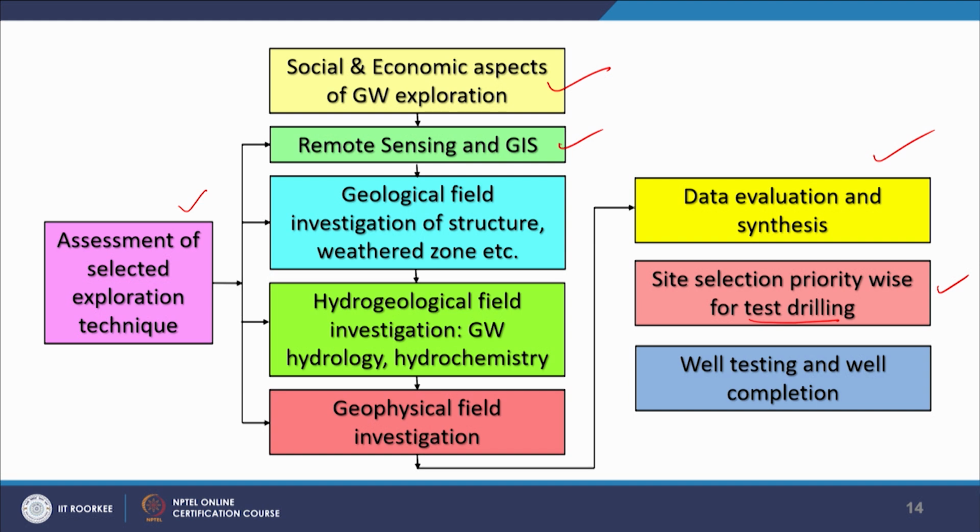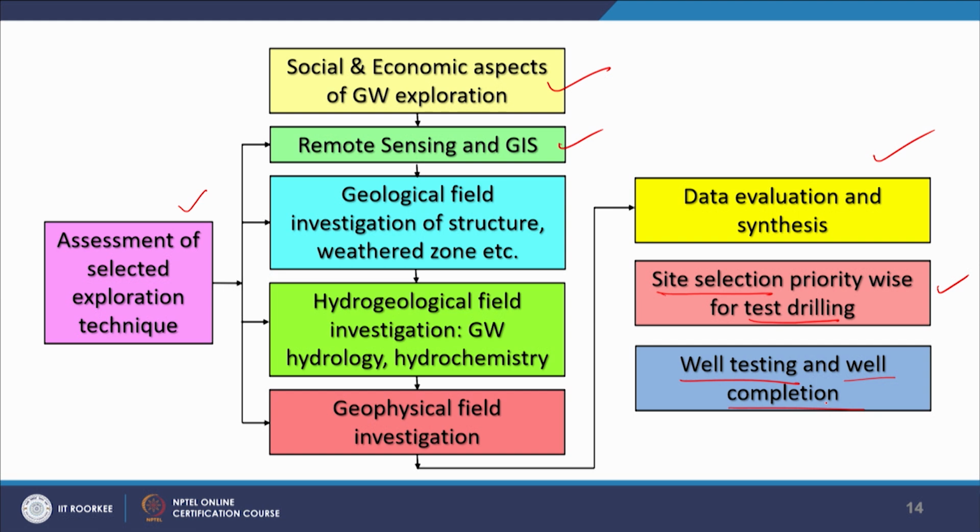So once a site selection has been done through scientific methods, based on priority, we go for test drilling. Once the drill hole is available, a lot of well testing can be done, which includes pump tests and well logging, and then finally well completion.